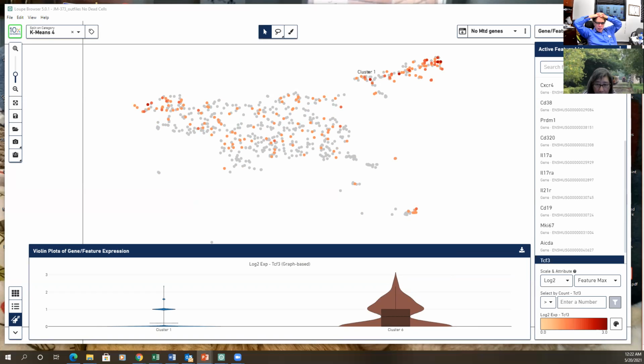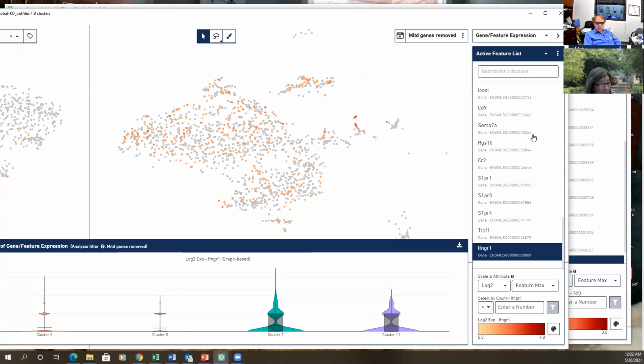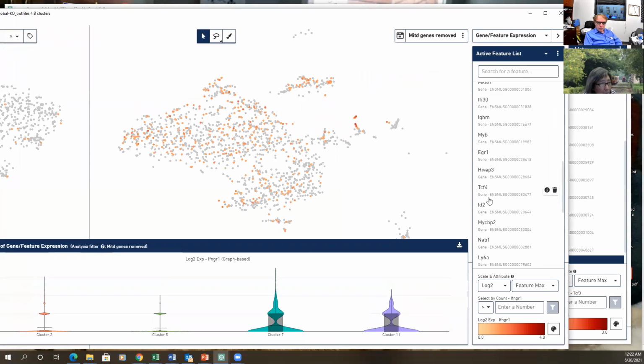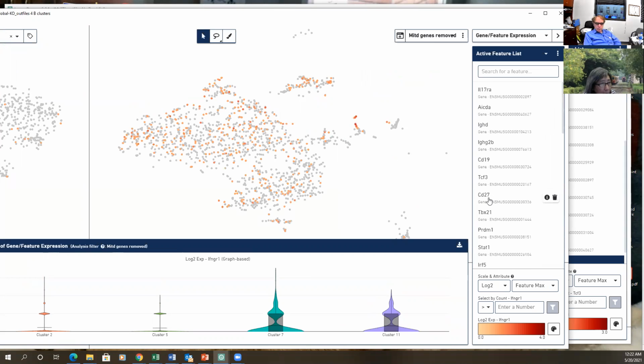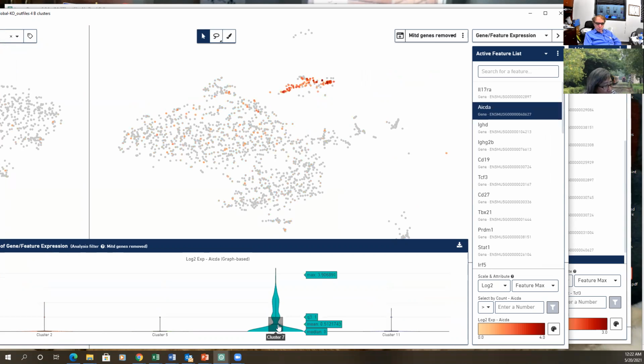Right, the violin plot. So this is 0.58. All right, so knockout. So we have it here side by side. So AID, you see this is 0.51 AID in the knockout. Yeah. Okay, it looks like that, 0.51.